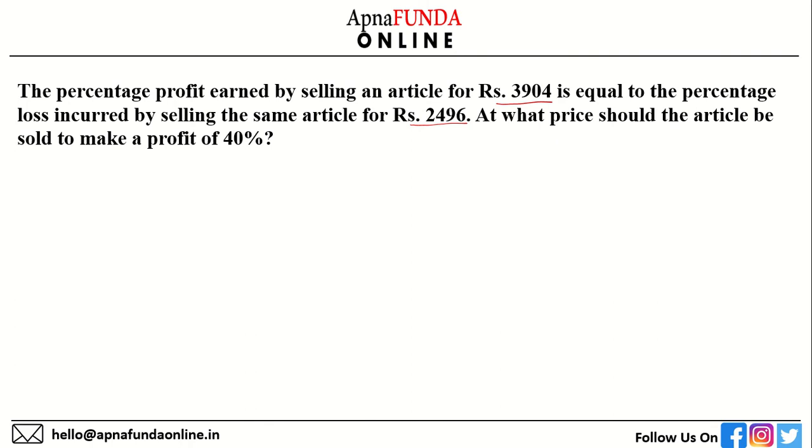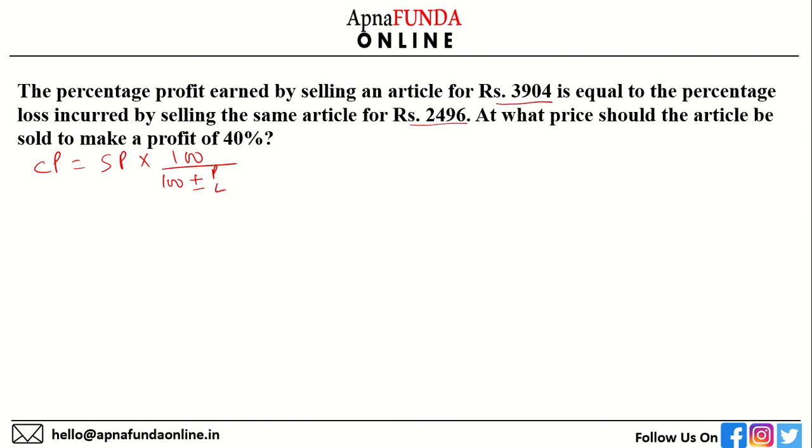Now we know that when we have to find the cost price of anything, it is selling price into 100 divided by 100 plus or minus profit or loss. Correct? We'll use this formula to solve this question.